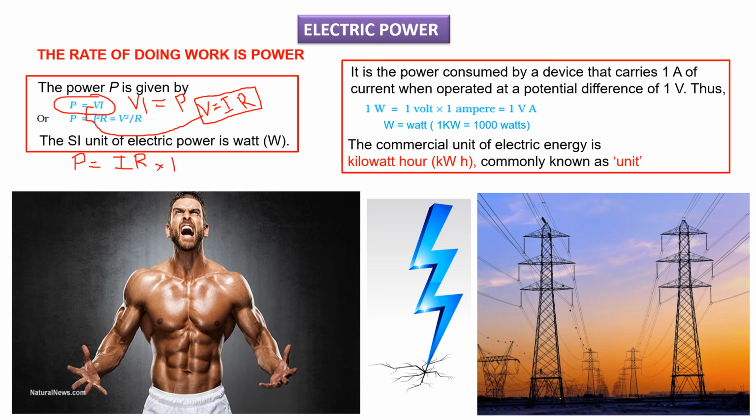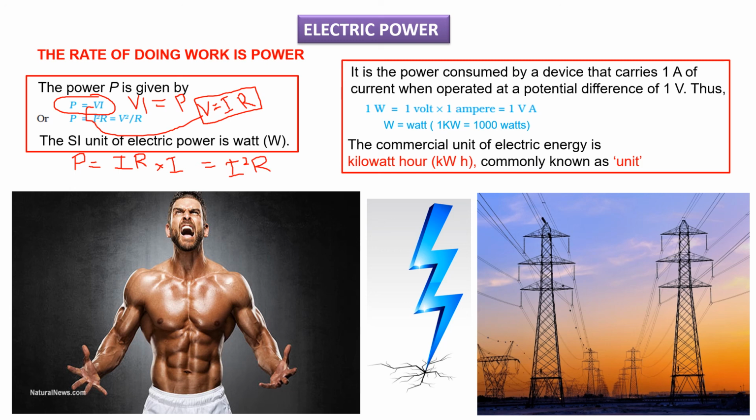So I into I is equal to I square R. Clear?